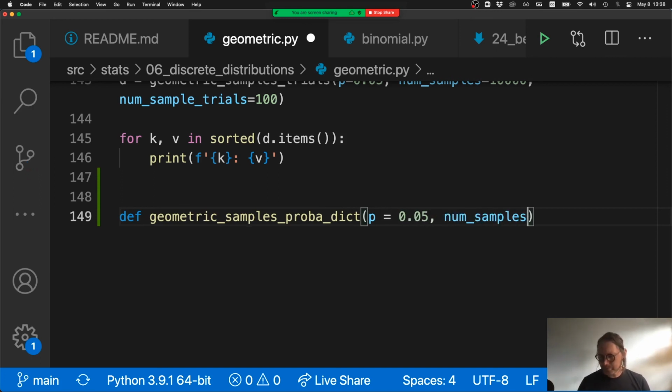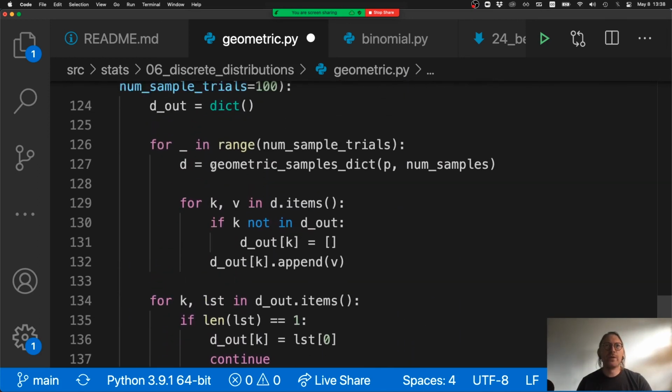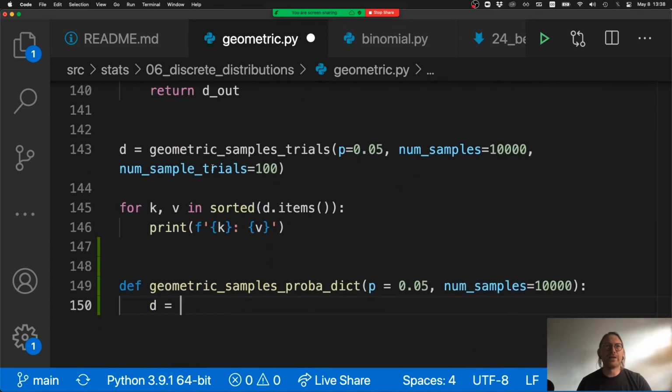And this is going to be similar to what we just had. This time, I'm going to build this from the geometric samples trials. Let's grab that little snippet.